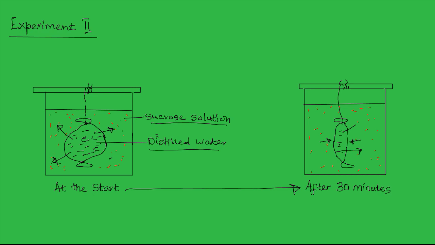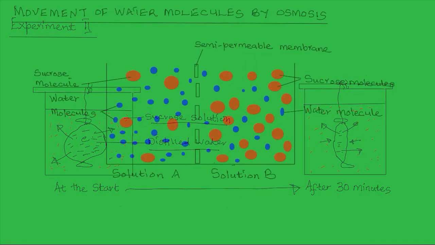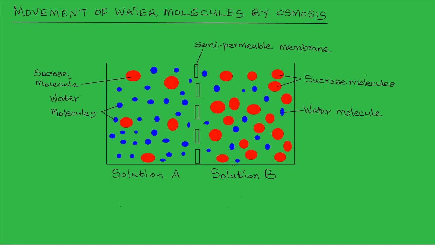Solutions that have different concentrations are separated by a semi-permeable membrane. Water molecules will flow from its region of high concentration to region of low concentration. In this illustration, there are two solutions, solution A and solution B, separated by a semi-permeable membrane.